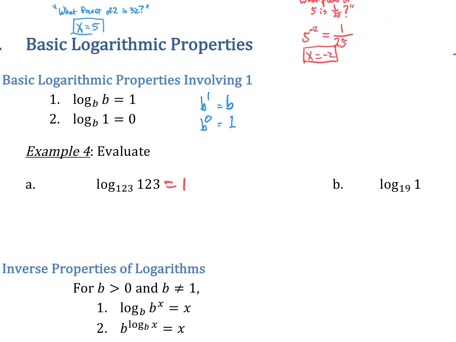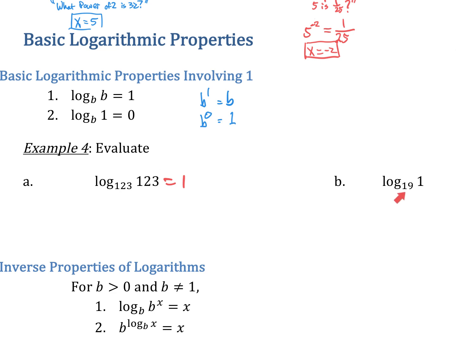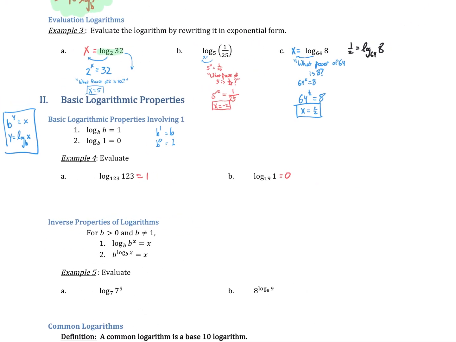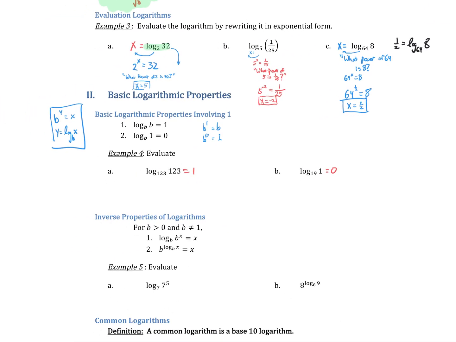How about this one? What is the power we put on 19 to get 1? Well, the power you put on 19 to get 1 is 0. So the log of any base of 1 is 0. So the log of 1 is going to be 0. Okay? That's the idea.